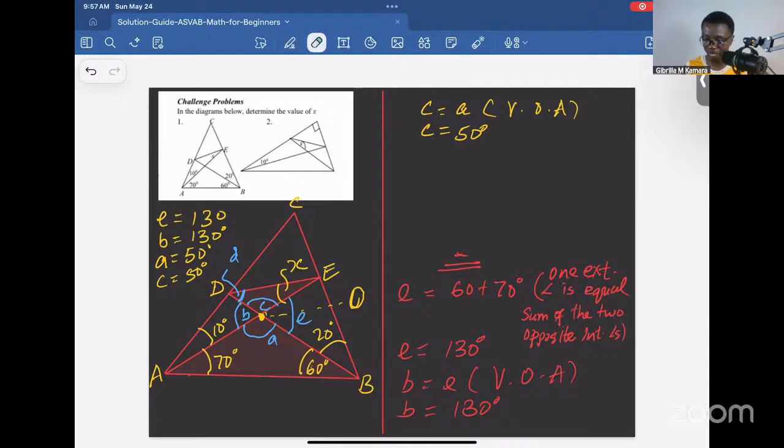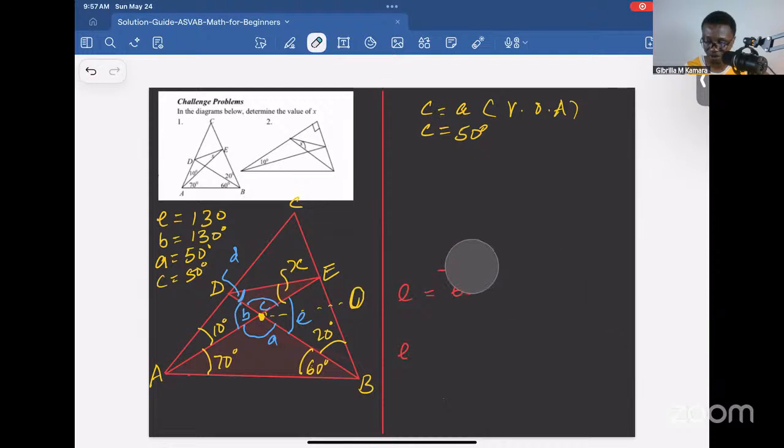So now let me get rid of this. We are almost there. We need one angle more, and if we get that angle, then we can get very close to the answer. So let's see.